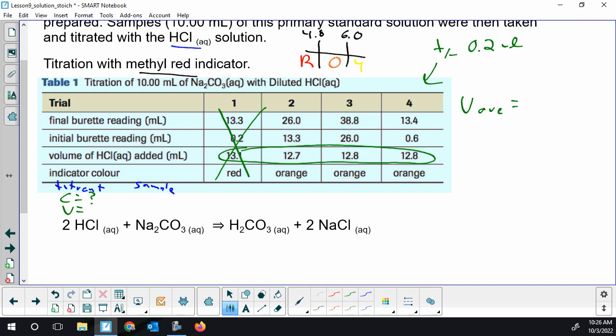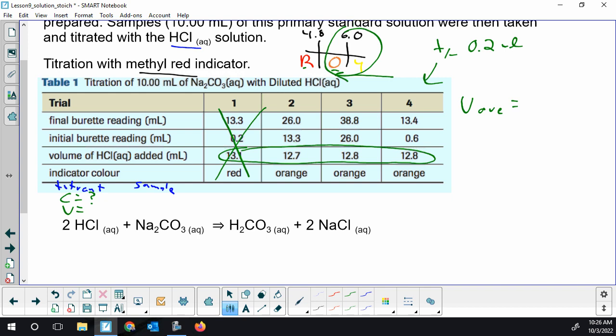We have a base sample, and we're adding an acid, so we're going to start with a high pH and drop down. So we're actually going through the colors in that order. So ideally, with this titration, you would start yellow and stop at orange. But this first titration went flying through the orange into the red. So we see too high a volume, which matches a color that's too far.